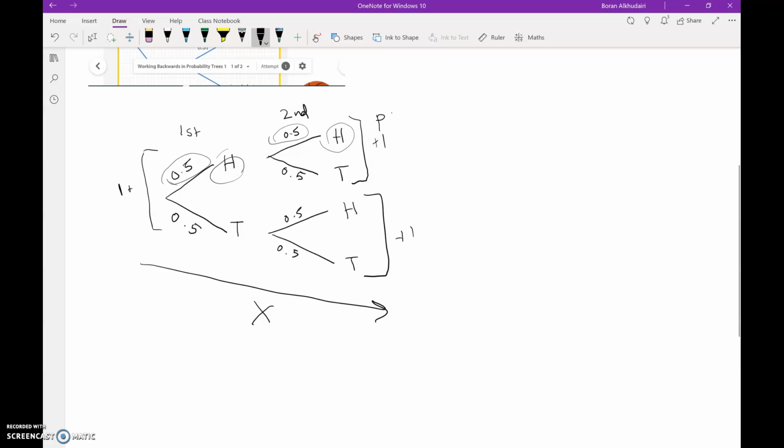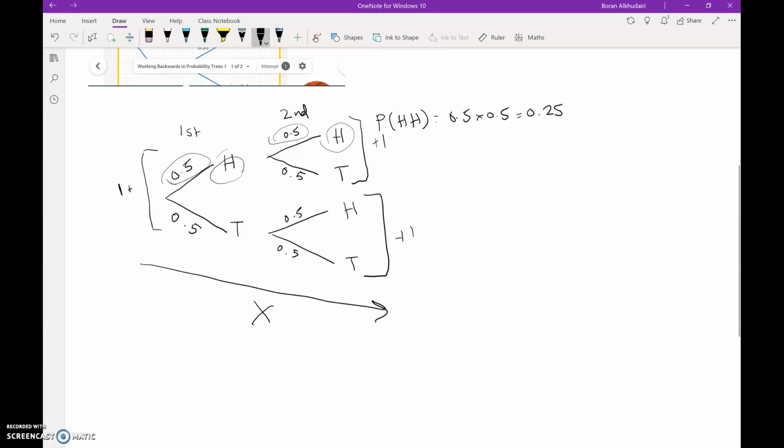What this means is the probability of getting heads and heads, so both events are heads. So it's 0.5 times 0.5, which is 0.25. And then we know that the rest is all 0.25 because we have probabilities of 0.5, 0.5. So that's the second rule.